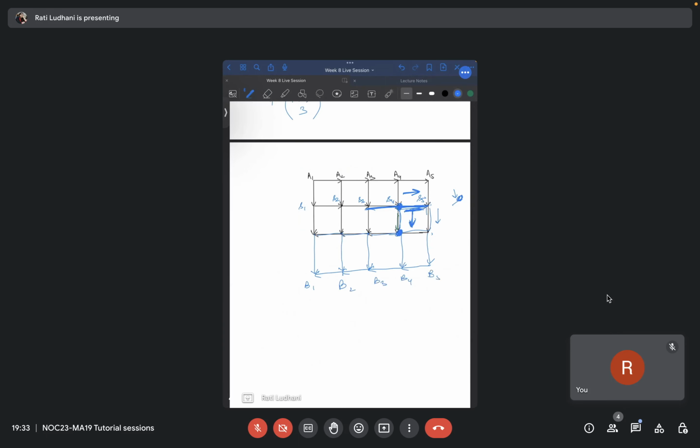Between T1, T2. So let's say I have this S3, S5, B5, B3. This is my 2 cross 2 box. S3 to B5. S3 to S5, S5 to B5.